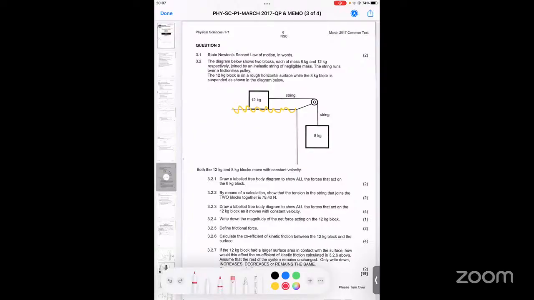Anyone who can tell me? Sir, doesn't it mean that F net equals 0? Wait, what did you say? I said F net is equal to 0, sir. No. The formula says F net equals ma.